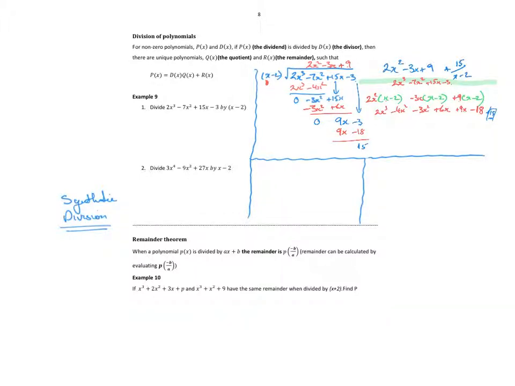So I've got to add 15, and that makes it my remainder. You can see there, if I bring down the numbers in red, 2x squared minus 3x plus 9 with the remainder of 15, which is again 15 over x minus 2.